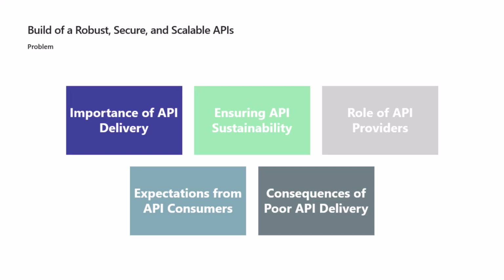This raises the question that this research aims to answer: how to deliver and support APIs so that developers can easily discover and use them to build valuable solutions. Let's answer this question.